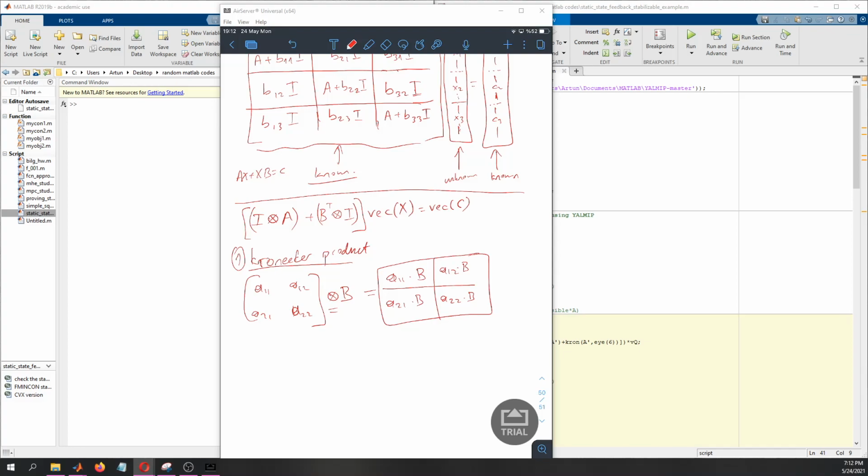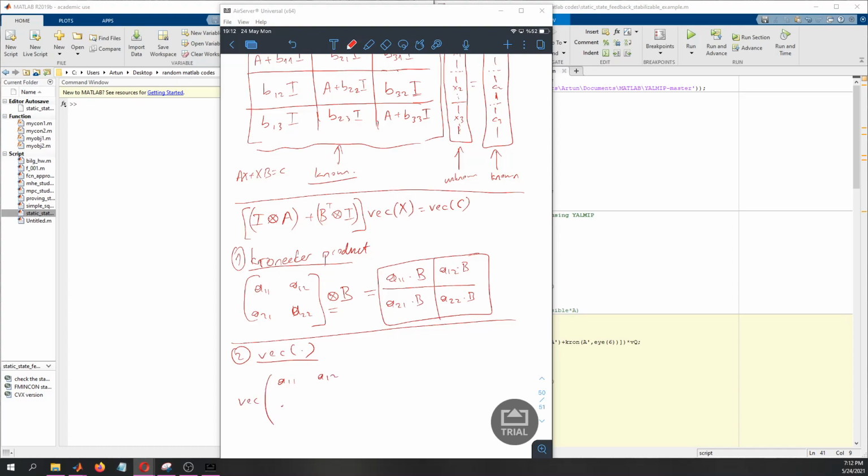This is just for the notation, for the sake of having a good notation for the operation we want to perform. And here again, vec. This operator, let's just write this.